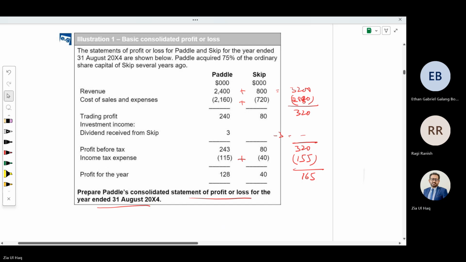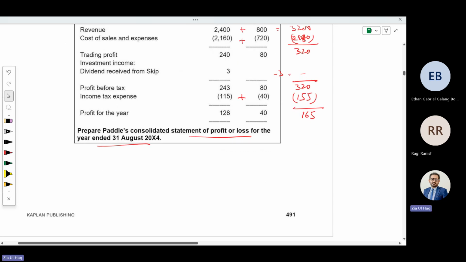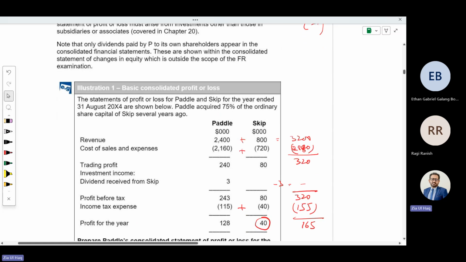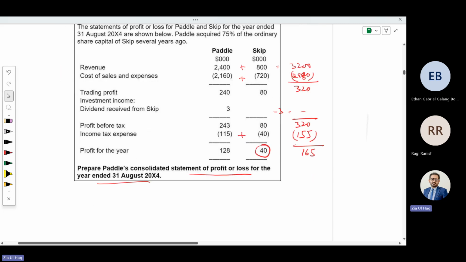After this, we need to show what the subsidiary profit is: 40. How much is the non-controlling interest holding? 25%.